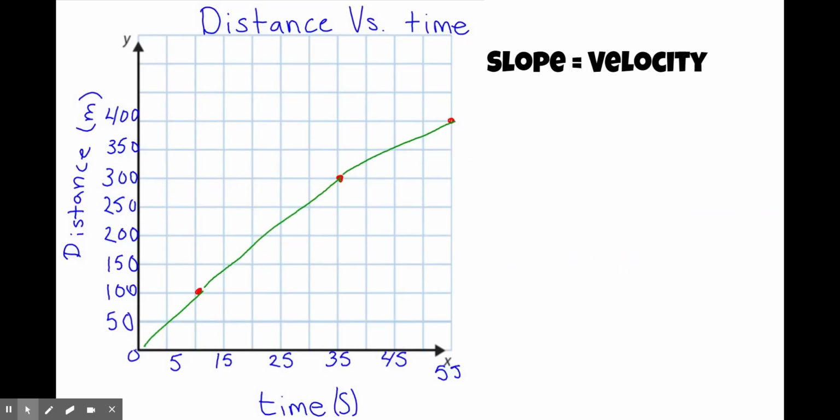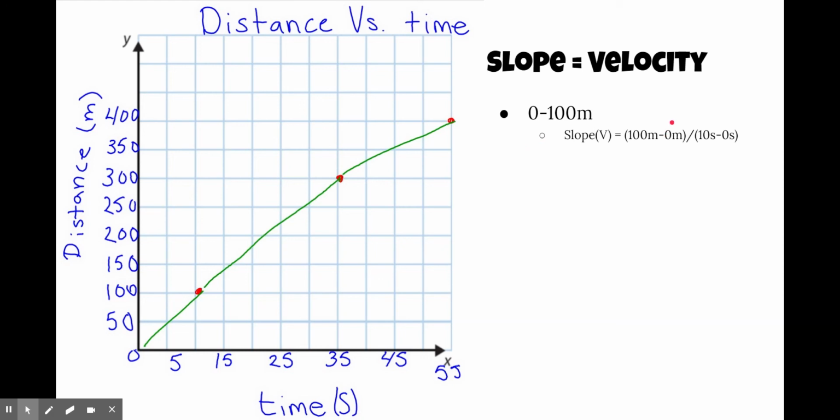So if we look at our distance versus time graph from the example before, we can take a look at this in terms of slope. So from the 0 to 100 meter section, our slope, or our velocity, because slope is equal to velocity, is equal to the 100, which is our y2, minus our y1, which is the starting point, 0.